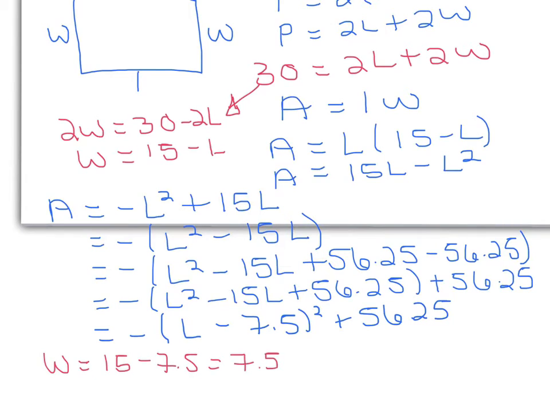Okay, so we've got a length and a width that are the same. That means we have a square. Maybe remember from grade 9, we talked about maximum area. For maximizing the area of a rectangle, a closed rectangle would always be a square. Okay, so therefore, we can conclude that the maximum area is 56.25 meters squared.